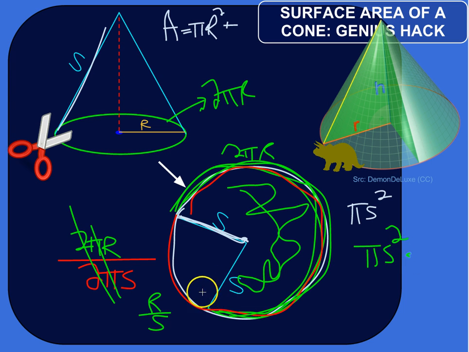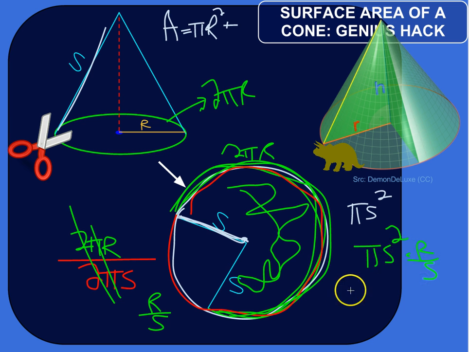It's like saying, say this green was only 75% of this full circle. Well, then to find the area of this partial circle, it'd be like saying this area is 75% of the full circle. Something like that. So we're taking the area of the full circle, pi s squared, and multiplying it by this ratio that we figured out, r over s.